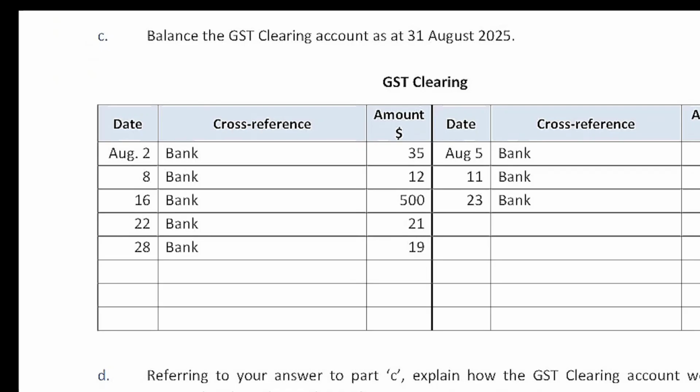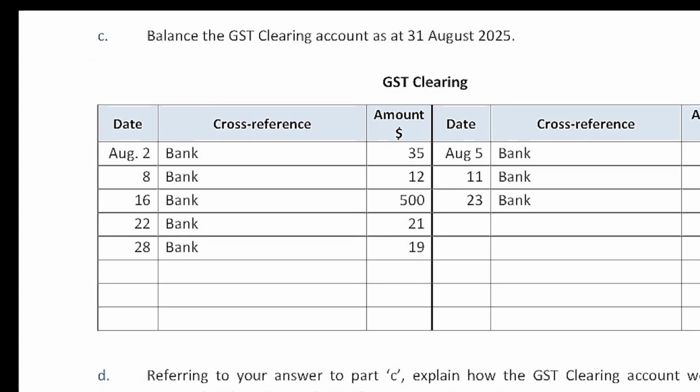Did I tell you to write the balance in front of the total? No. The total should be in the same row. And can you have the opening balance and closing balance on the same side? So it should be here.